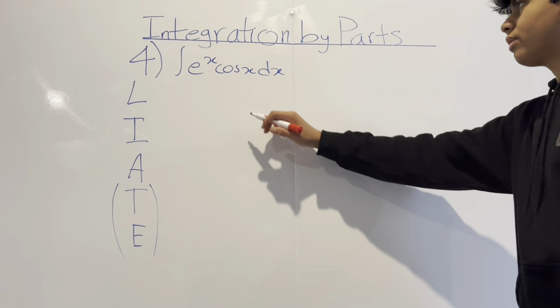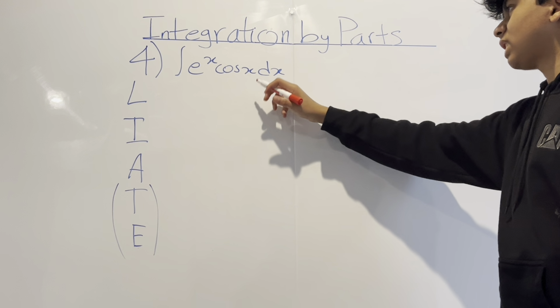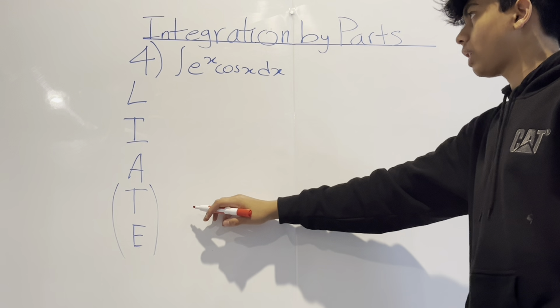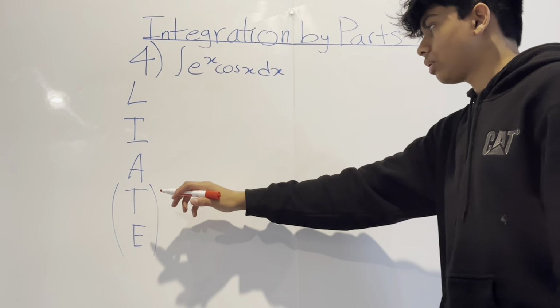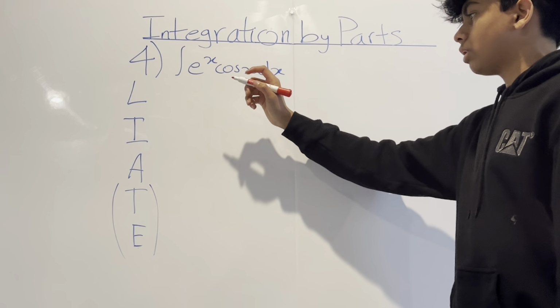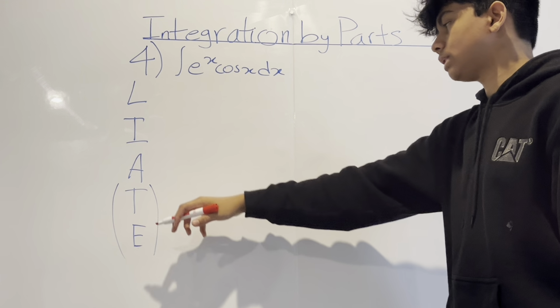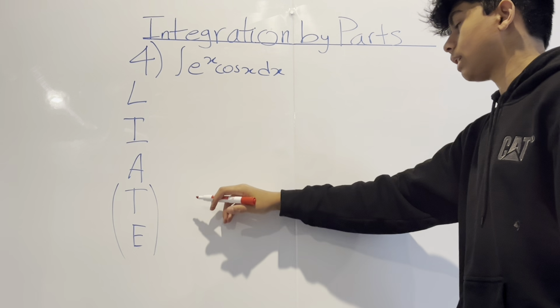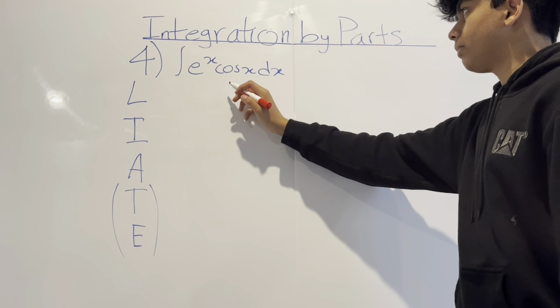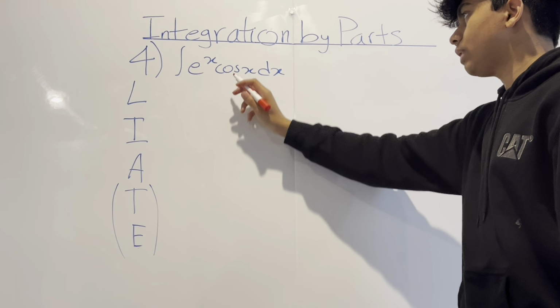Question 4, we have the integral of e to the x cosine x dx. So now we got to the part where we have two functions, one is trig and one is exponential. So since they're in parentheses, they're both on the same level. What you can do is set u to equal either of them and dv to equal either of them.